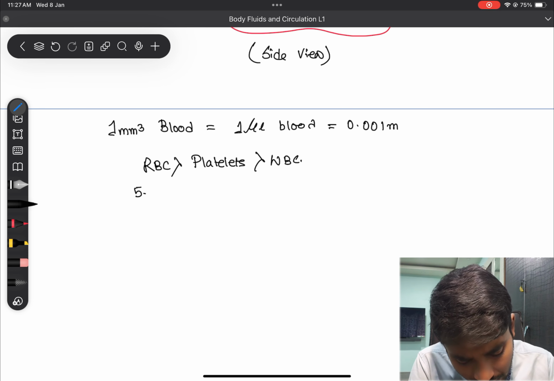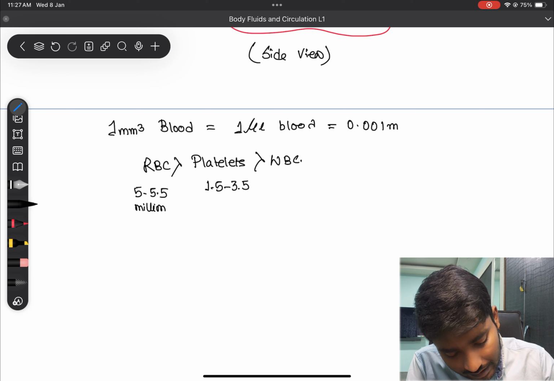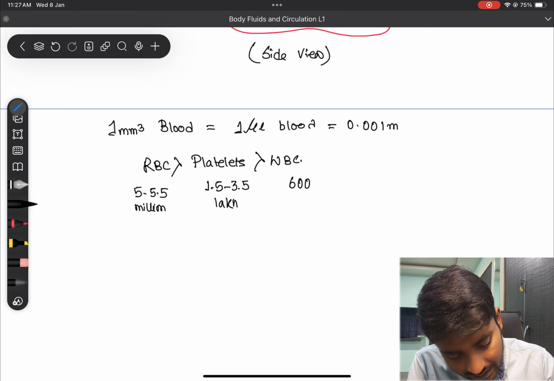RBC is 5 to 5.5 million. Platelets are 1.5 to 3.5 lakh. And WBC is 6,000 to 8,000.